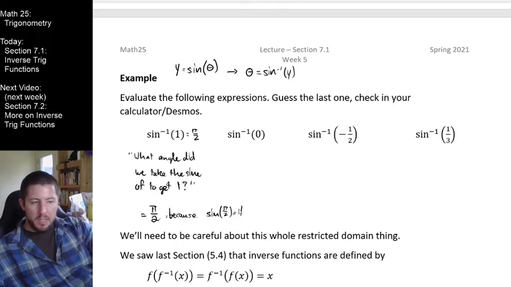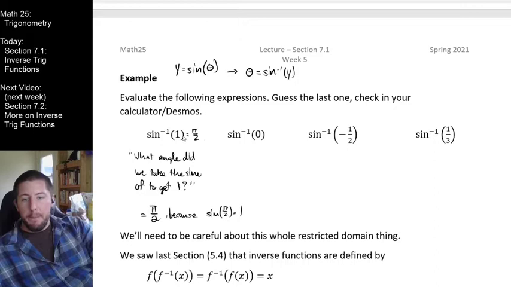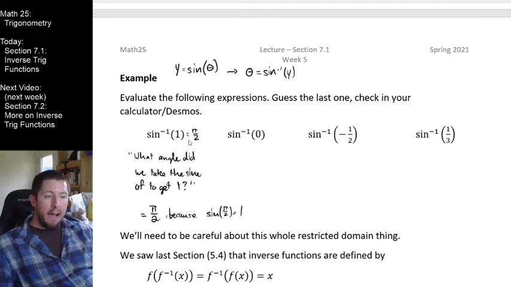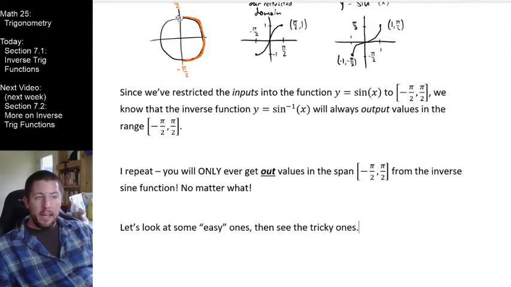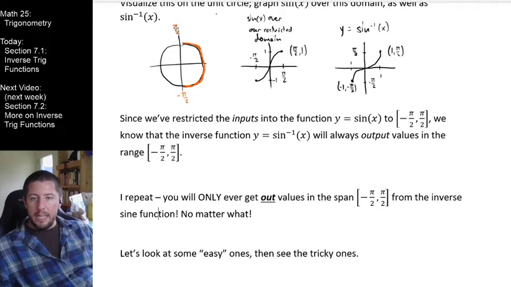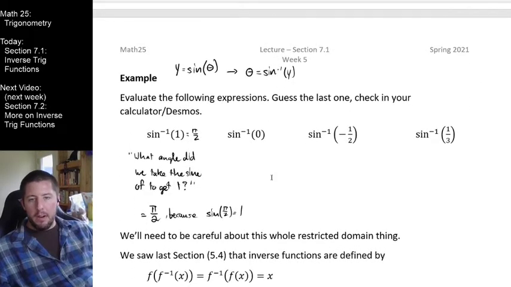If sine of pi halves is 1, then sine inverse of 1 is pi halves. Very importantly, notice pi halves absolutely is in our interval of interest, because negative pi halves to pi halves is where our answer must be, and we got the upper edge of our interval. Notice that this is defined with a bracket, not a parenthesis, meaning those endpoints are included in our acceptable outputs. We did land within the orange span because we're right at the very edge of our acceptable output span.